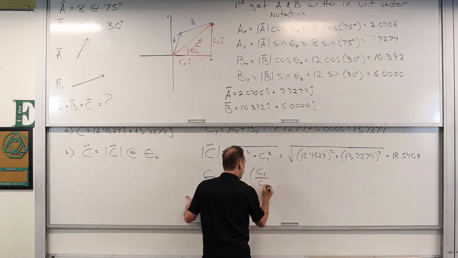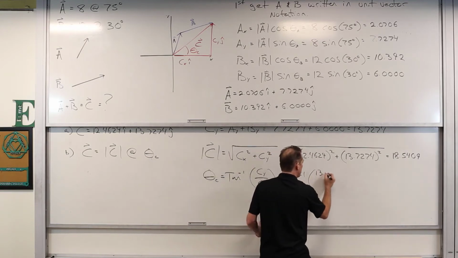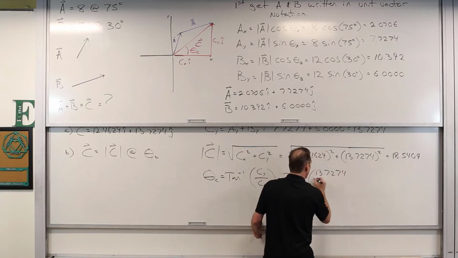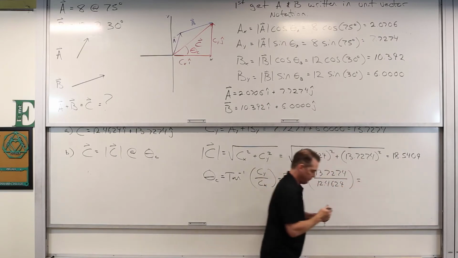Theta sub c is gotten by looking up the arctangent of C sub y over C sub x, which is then the arctangent of 13.7274 divided by 12.4629.